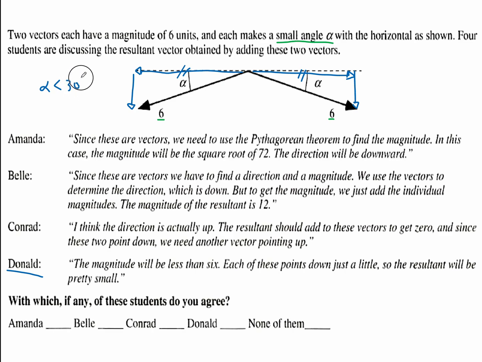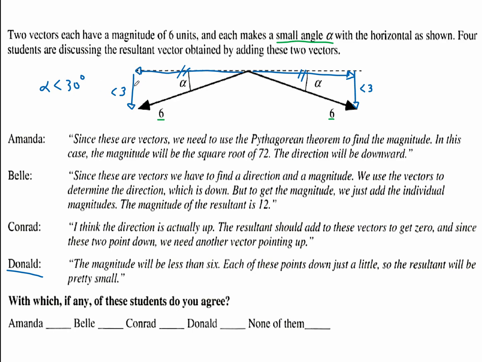what's going to happen? Well, as long as alpha is less than 30 degrees, these two sides are going to be less than 3. And because it's a small angle, I'm assuming they meant really small, like 10 or less. If it was 30 degrees, this side would be 3.